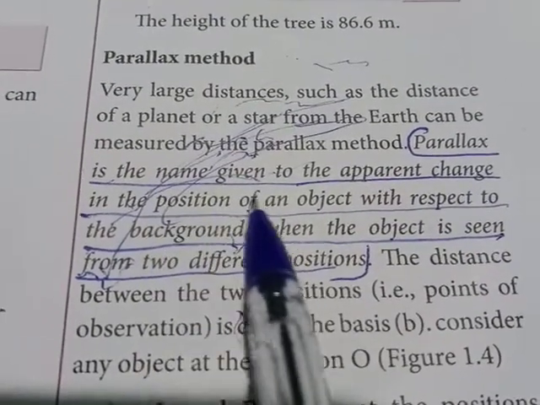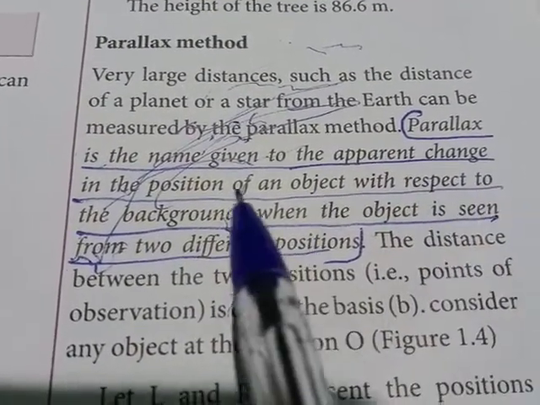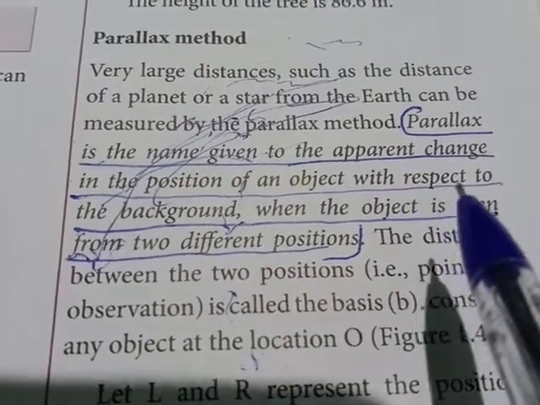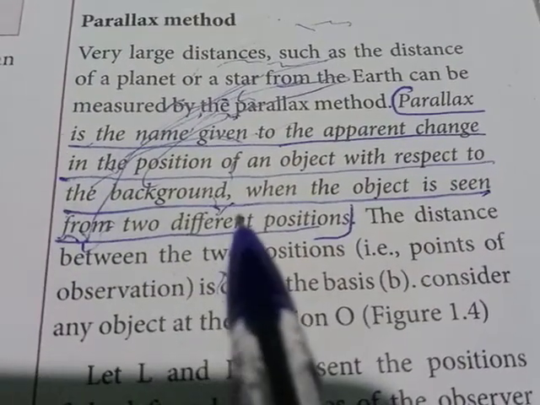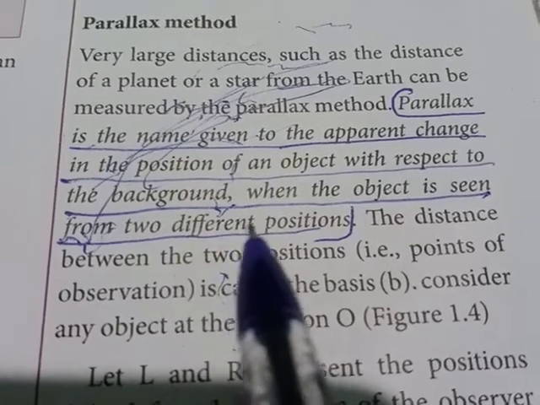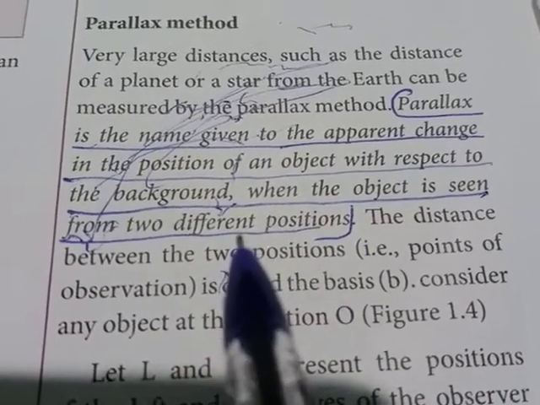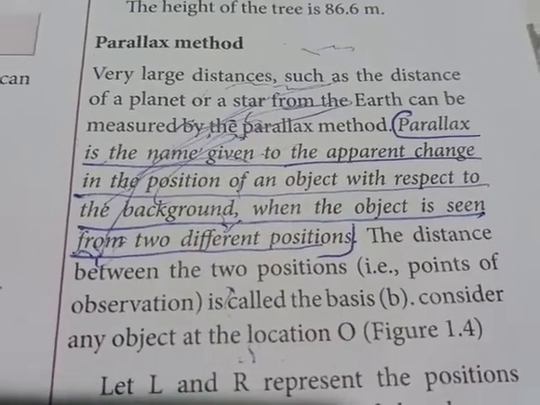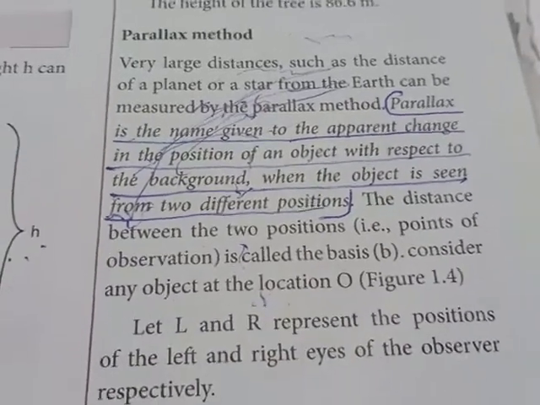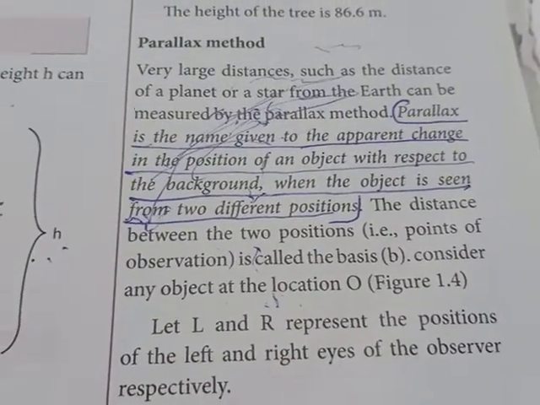Parallax is the name given to the apparent change in the position of an object with respect to the background when the object is seen from two different positions.